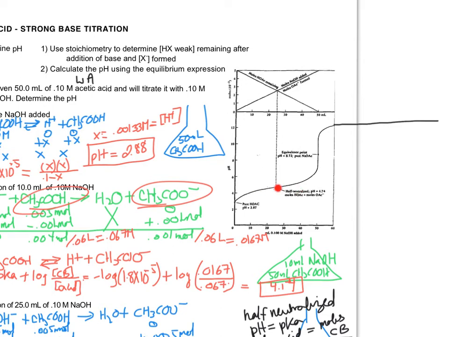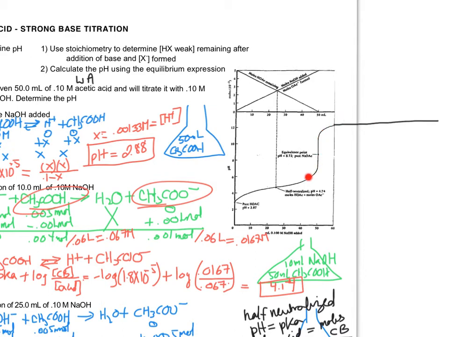One thing to note in this curve is notice how sharp this is compared to this one. Is kind of really curvy. The stronger your acid or base, the sharper your line will be, or the sharper your curve will be.